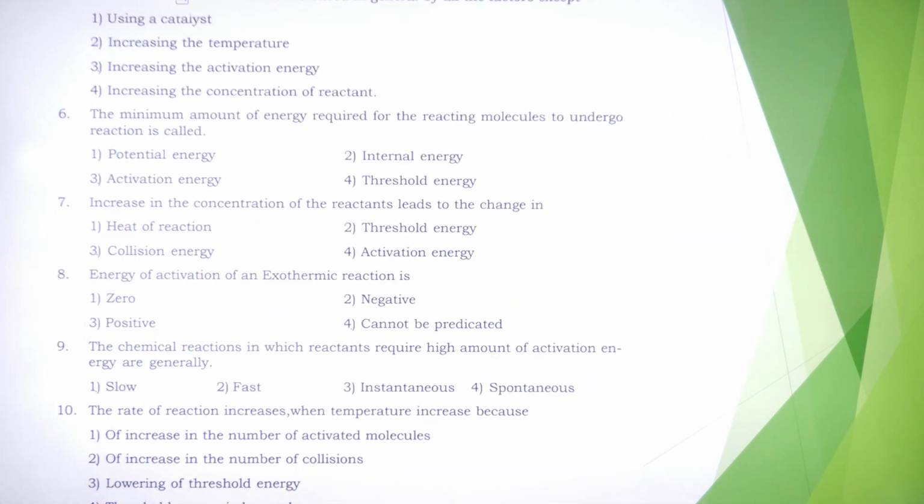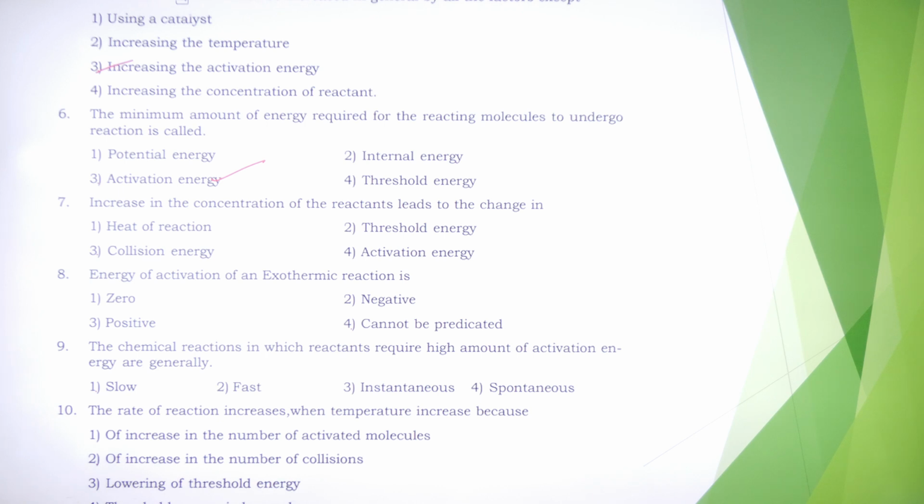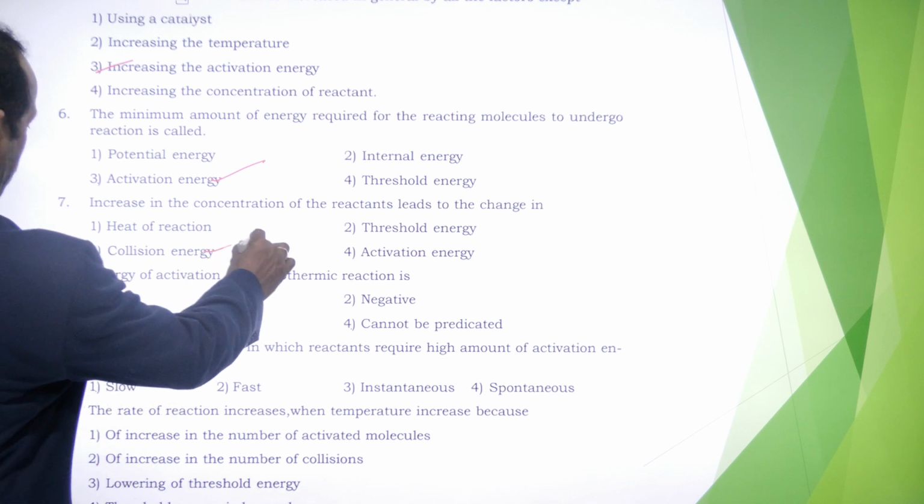Then the rate of reaction can be increased in general by all the factors except using a catalyst, increasing the temperature, increasing the activation energy. The minimum amount of energy required for reacting molecules to undergo the reaction is called activation energy. Increasing the concentration of the reactant leads to a change in collision energy.